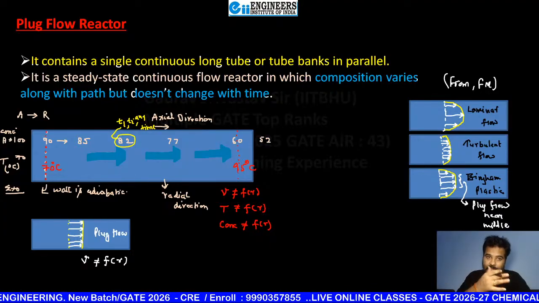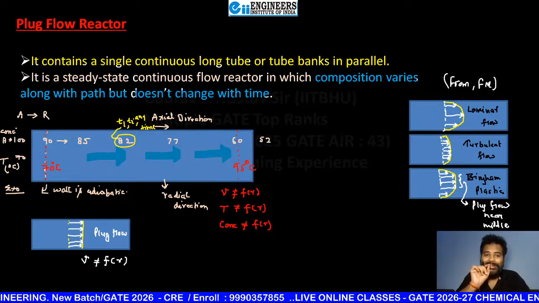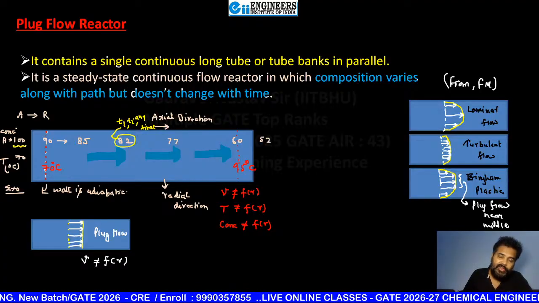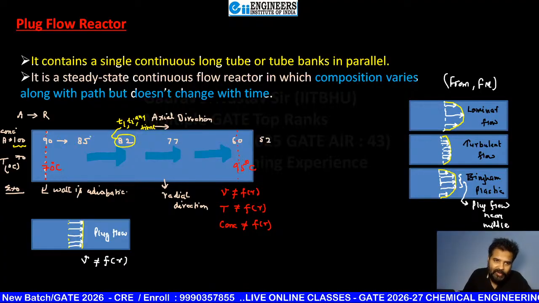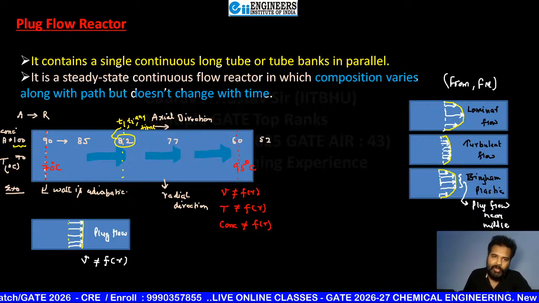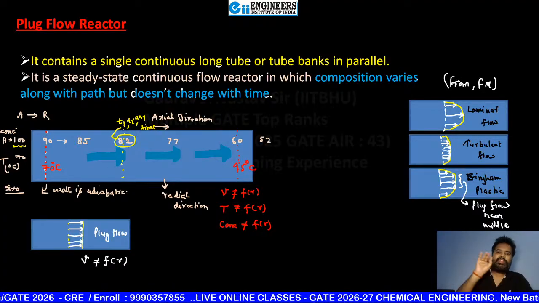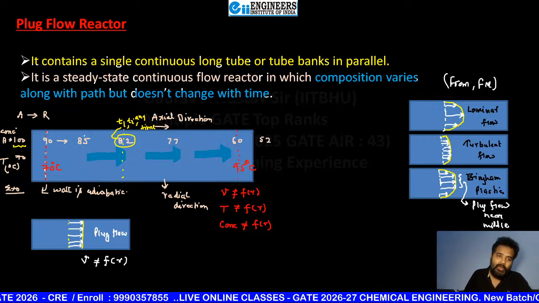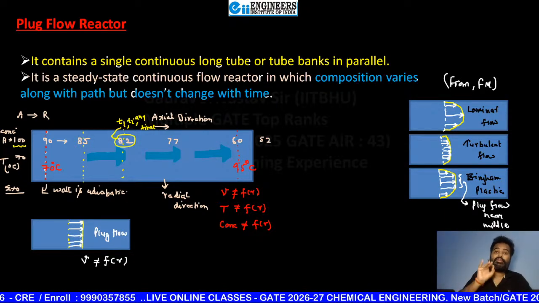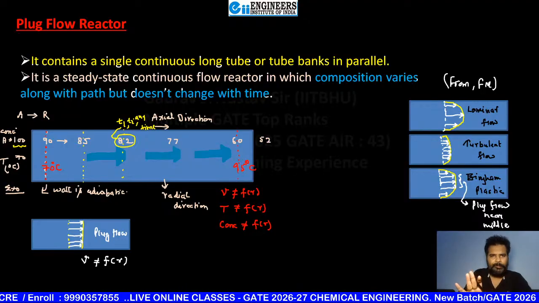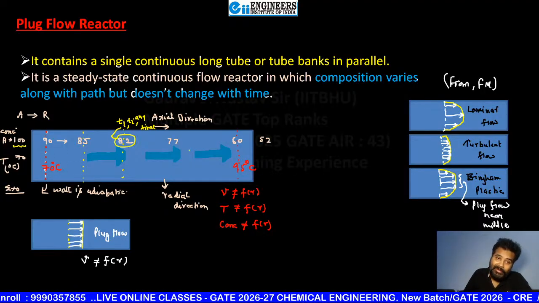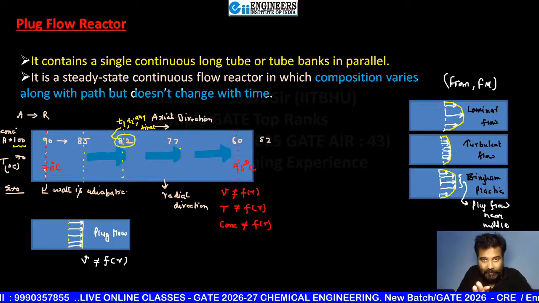Every time 100 concentration enters, and when it reaches this position it becomes 82. Whenever you check here it will remain 85, even at t1 or after 1 hour or 5 hours. So clearly composition varies along the path, but not with time.